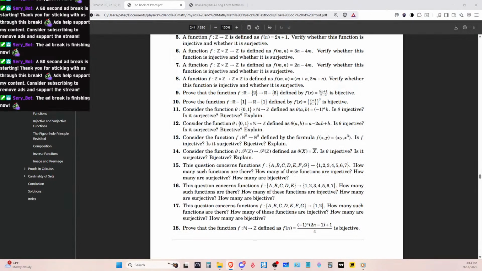Take it like this, paste this, and why is it that I don't have... That's what I want to know.